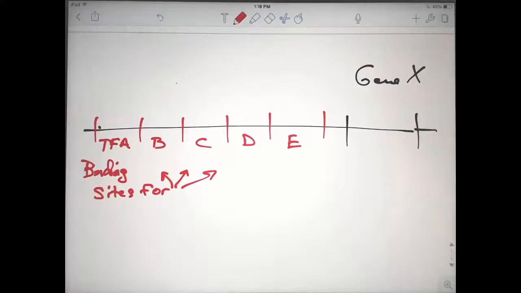Is there only one combination of transcription factors that can cause expression of a particular gene? The answer is no. There can be many dozens or hundreds of transcription factor binding sites for a particular gene, and different combinations might cause transcription or repression.